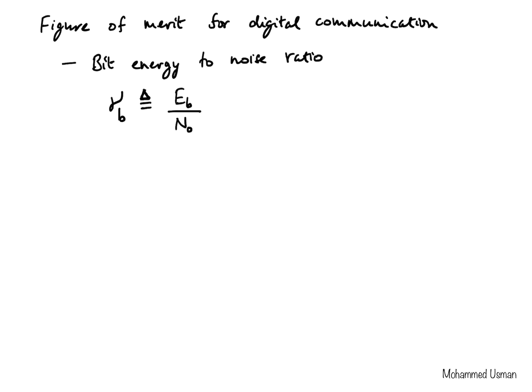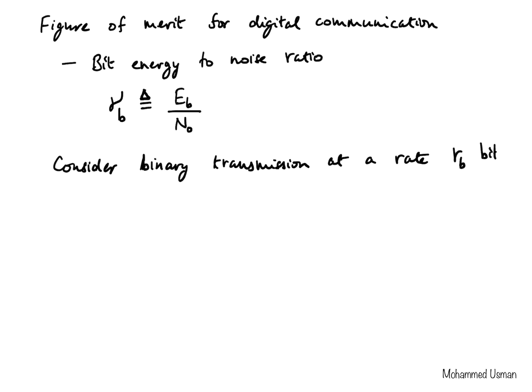So for that, let us consider that we are transmitting bits at a rate of Rb bits per second. Again, we are going to look at binary transmission here, binary transmission at a rate Rb bits per second.